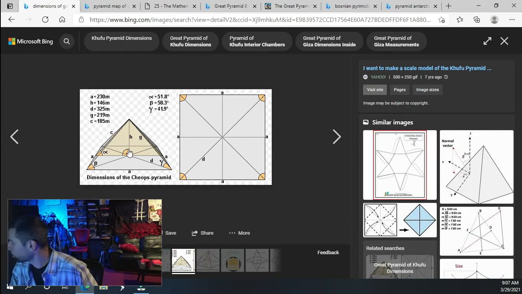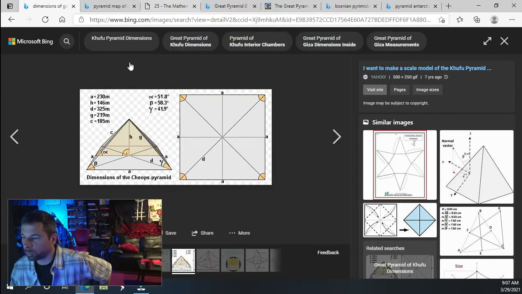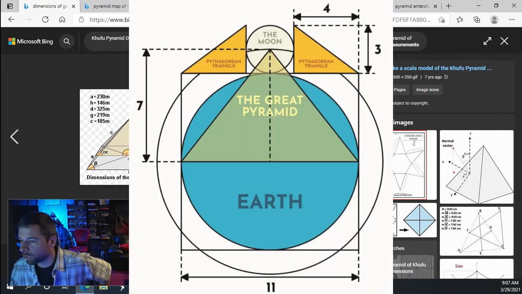If you look at the dimension of H here, which is from the bottom of the pyramid straight up to the summit, you have the polar radius of Earth from the center of the Earth, where the equator is, up to the North Pole. And this also represents the ratio of the moon and the Earth in conjunction with each other.